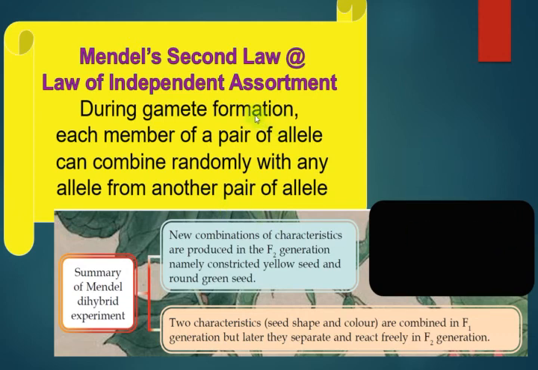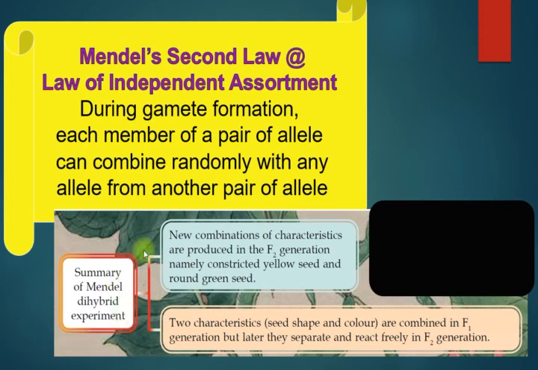During the gamete formation, each member of a pair of alleles can combine randomly with any allele from another pair of alleles. So what is the summary of the Mendel dihybrid experiment?